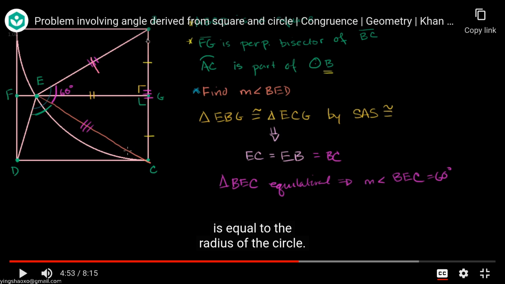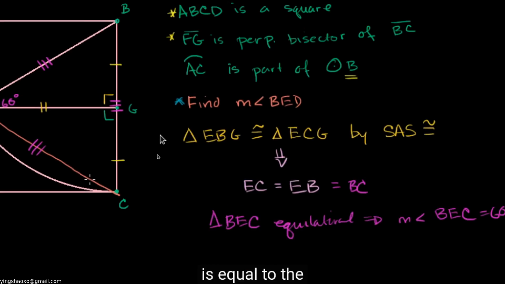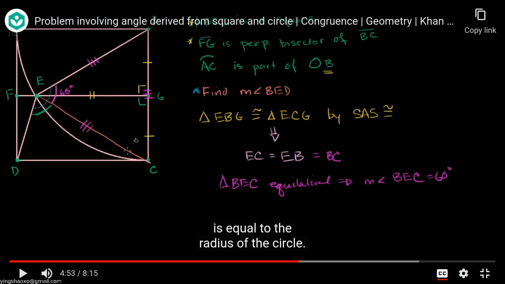This side is equal to this side. So what do they call this kind of triangle? They call it equilateral, meaning that each of the angles is 60 degrees. Okay, since that was true, let me see what else we can get.